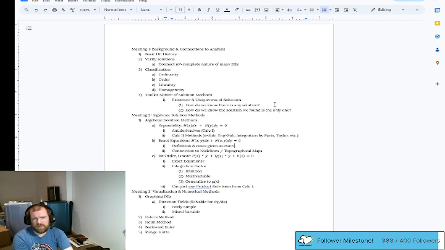And when we start looking at those, this is kind of the first time that we start talking about Calculus 3. So, generally speaking, this is vector calculus.